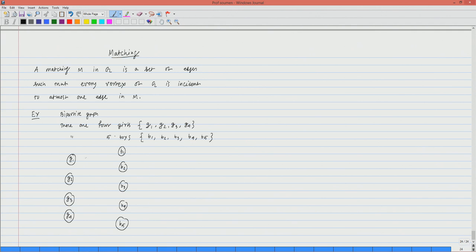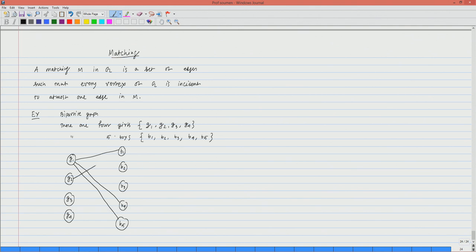There will be an edge between Gi and Bj if they are friends or they like each other. So, G1 B1 means the girl G1 likes boy B1, and similarly the girl G1 also prefers B4 and B5.